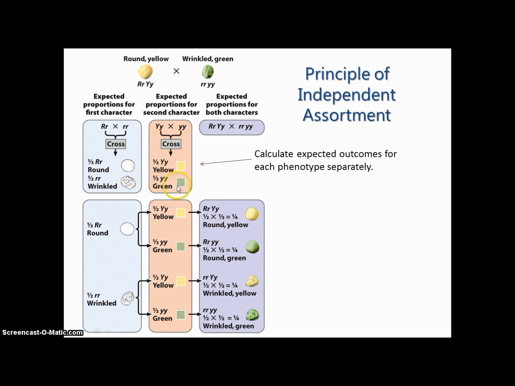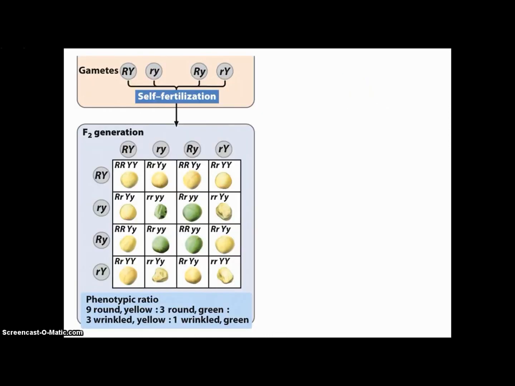Same thing over here, and the next thing that you want to do is multiply the probabilities to get the expected ratios at both loci. So the probability of getting a big R, little r round and a big Y, little y yellow is going to be 1/2 times 1/2 because these are simultaneous events. So you do that for each of these possibilities, and that's how you end up with those expected ratios.